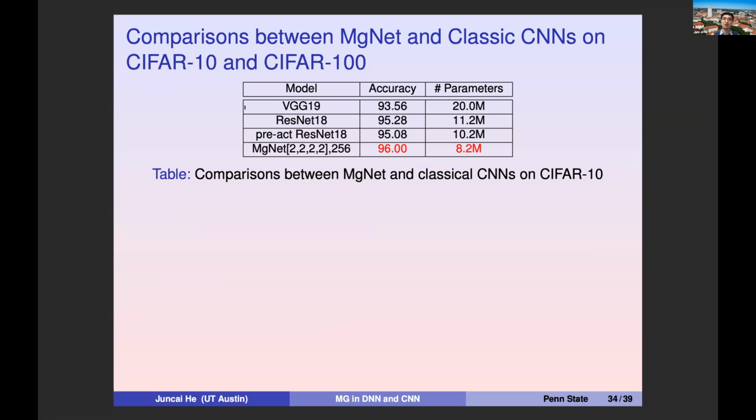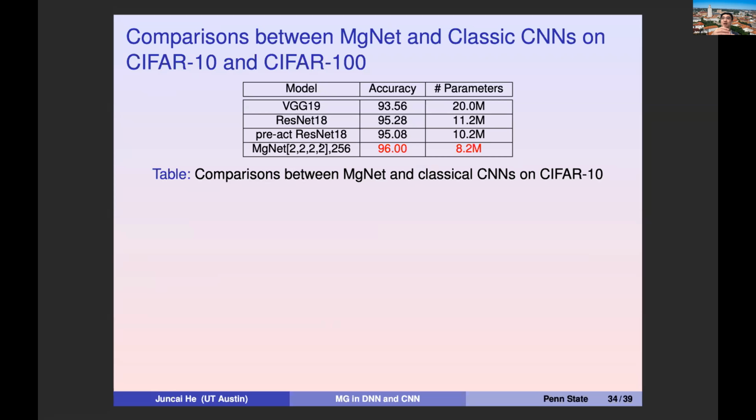Okay, so first, we make some comparison with some popular classical CNNs. The first one is, okay, think about it. We have CIFAR-10 and MgNet, right? You can say here it is 2, okay. If you have ever done some coding for this ResNet, you will be very familiar with this. What is 2?